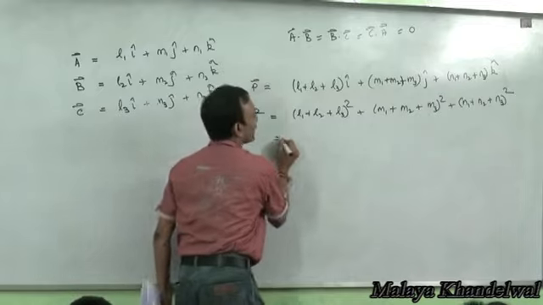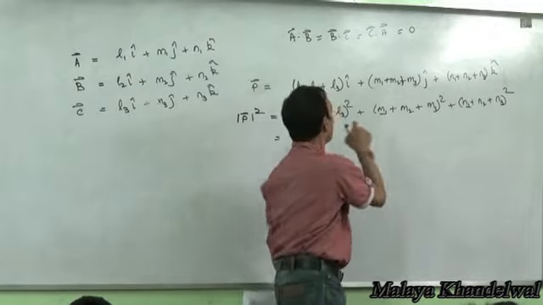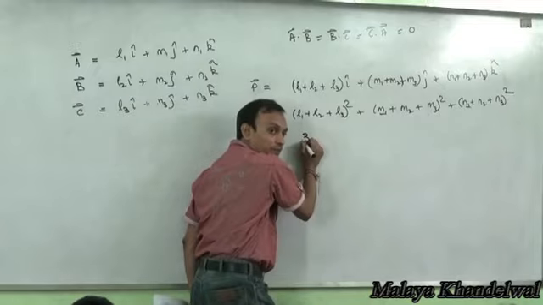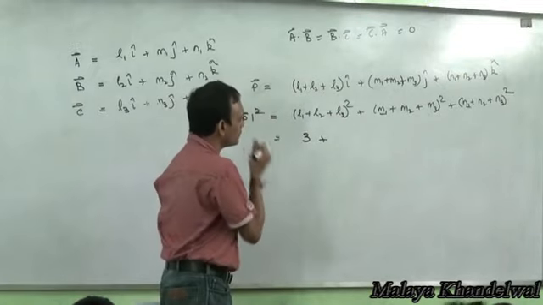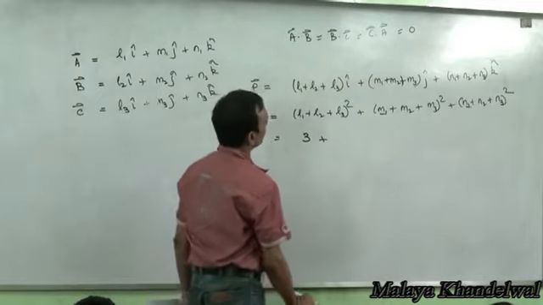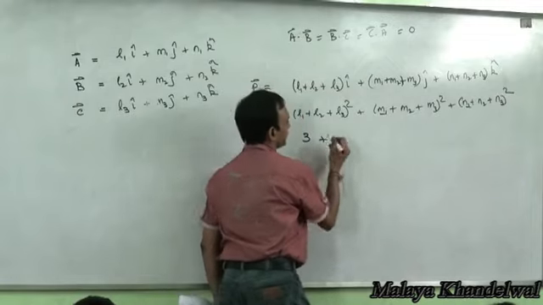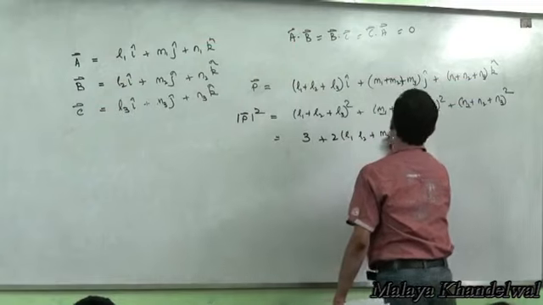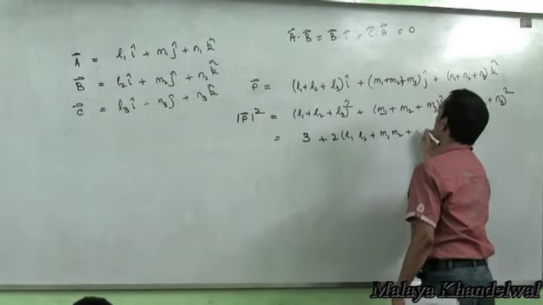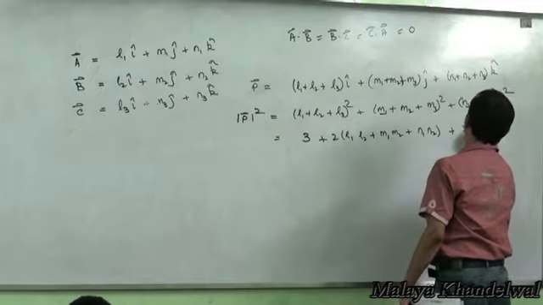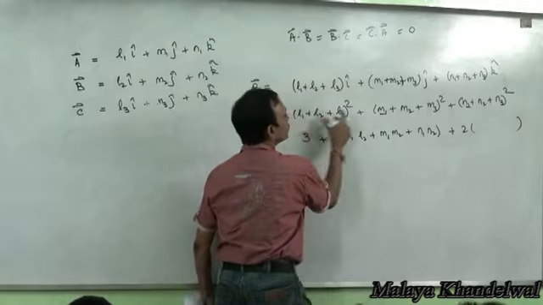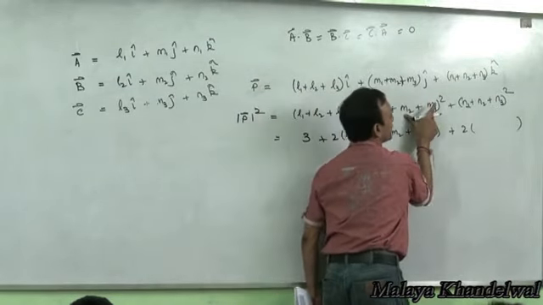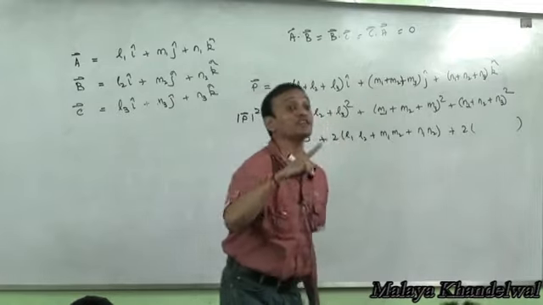And then evidently L1 squared plus M1 squared plus N1 squared is 1, L2 squared plus M2 squared plus N2 squared is 1, and likewise for the third. So that makes it 3 plus, realize that we have terms of the following kind. For example, 2 times (L1 L2 plus M1 M2 plus N1 N2), plus 2 times (L2 L3 plus M2 M3 plus N2 N3), etc. And realize those would be 0.